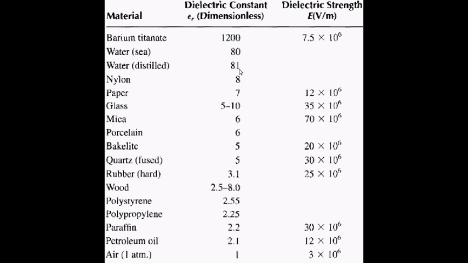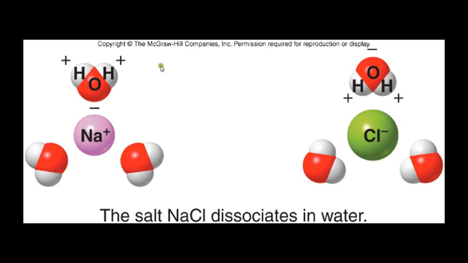Hence, water offers very high resistance to the electric force between sodium and chlorine, and due to this resistance, the force between sodium and chlorine becomes weak, and sodium and chlorine dissociate in water.